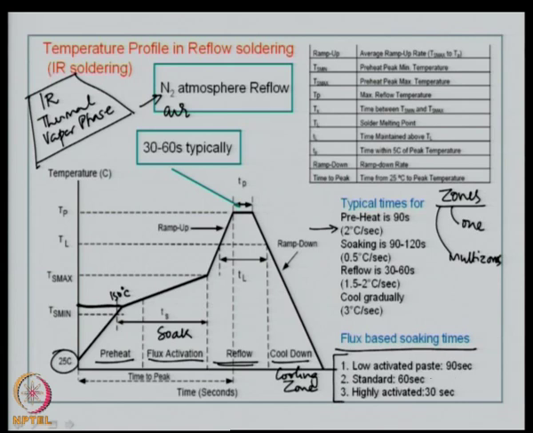So, the dwell time for soaking zone should be based on what kind of flux you are using in the solder paste. If you are using a low activated flux, then it is known as a low activated solder paste.